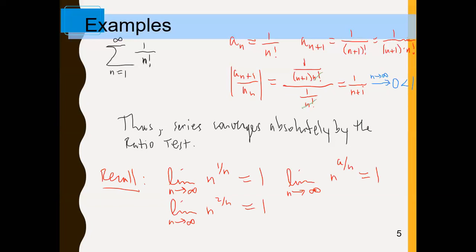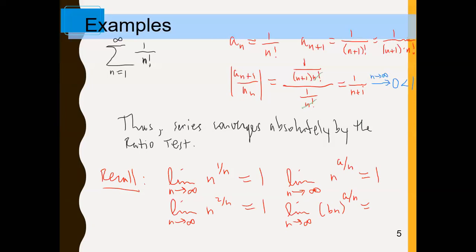Okay. What about the limit as n goes to infinity of Bn, where B is a constant, to the a over n? Well, I could break it up into B to the a over n, but a constant raised to the a over n, as n goes to infinity, goes to just B to the 0, which is 1.